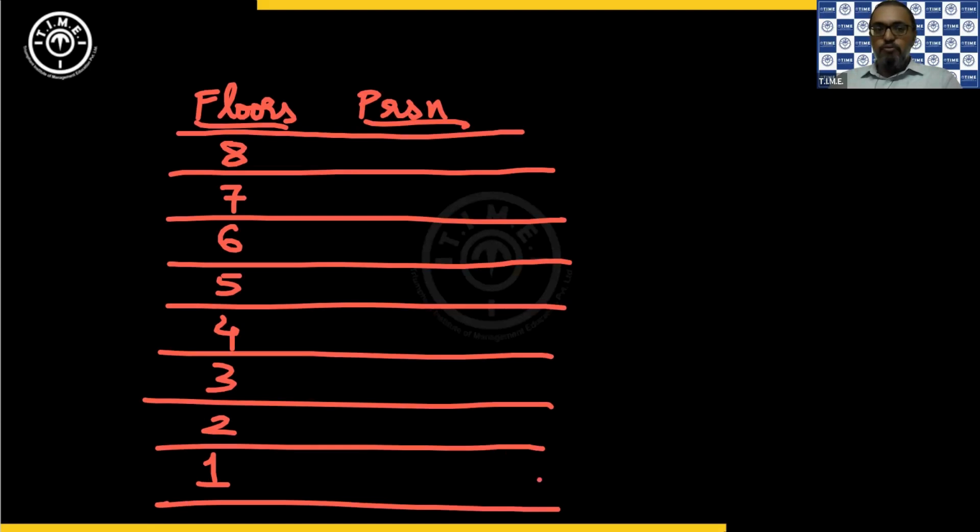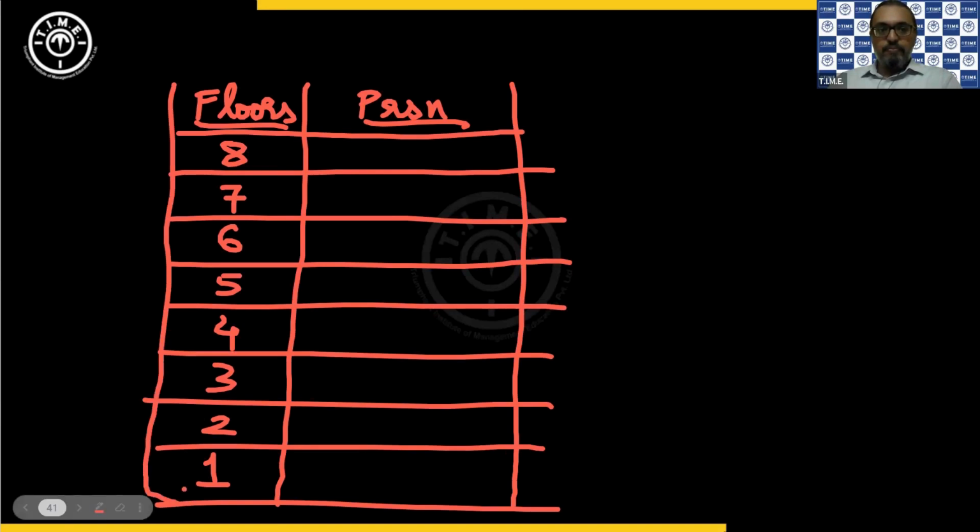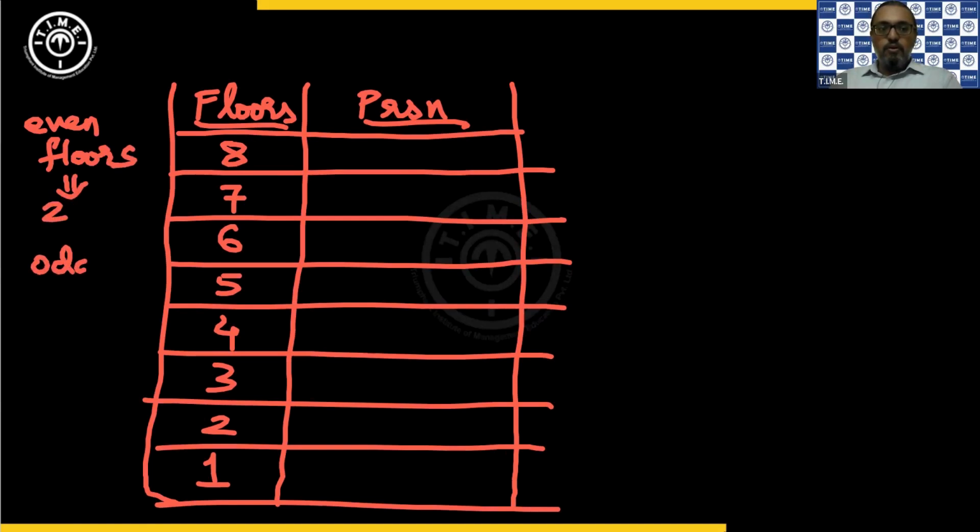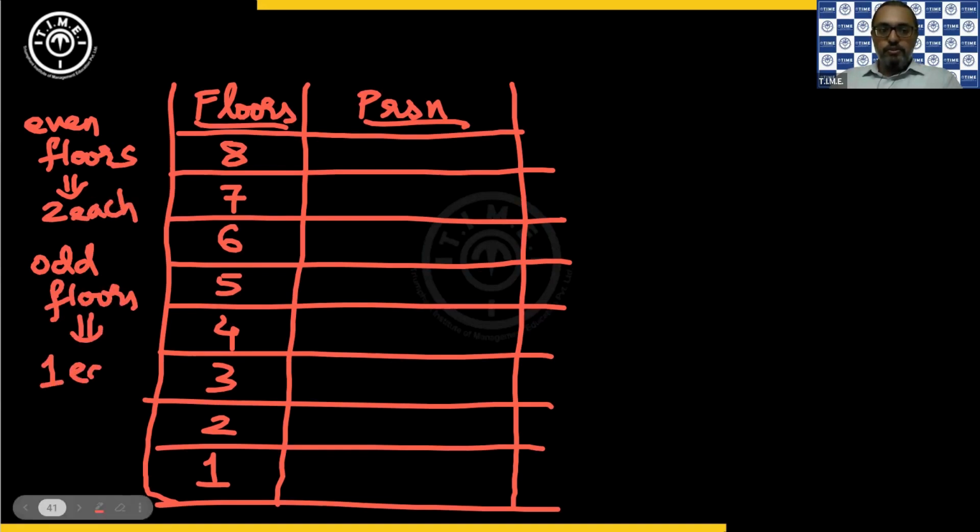That way you will have 12 persons living. Okay. Even floors 2 each. Odd floors 1 each. Okay.